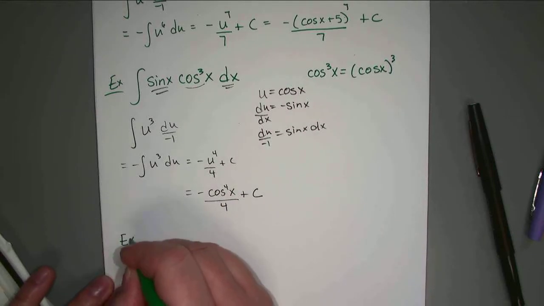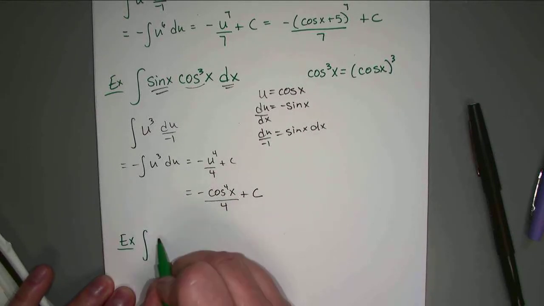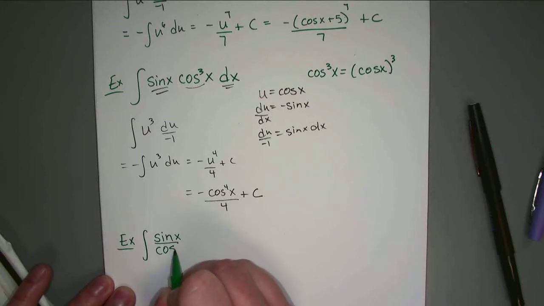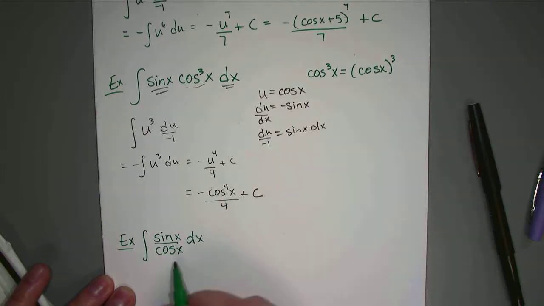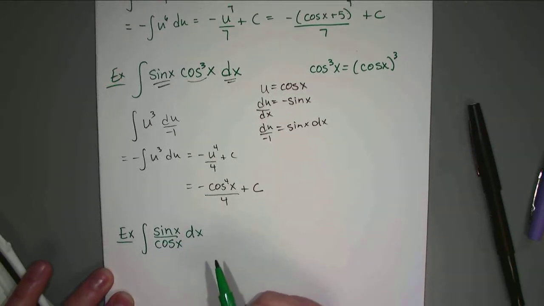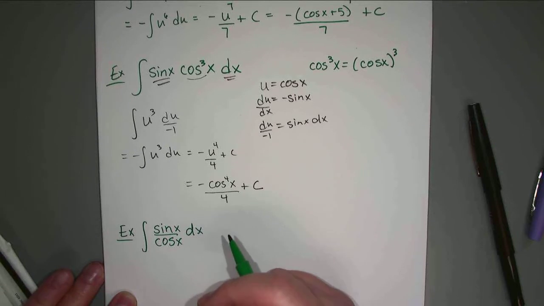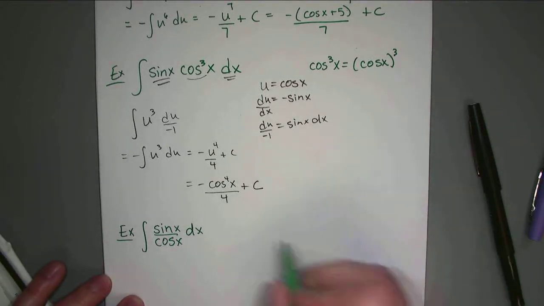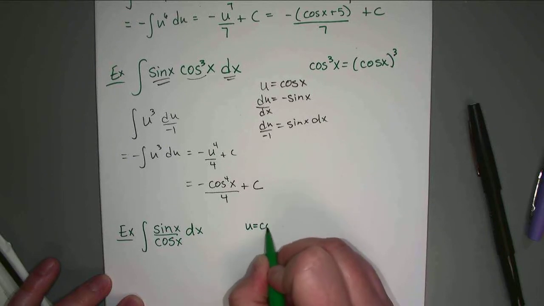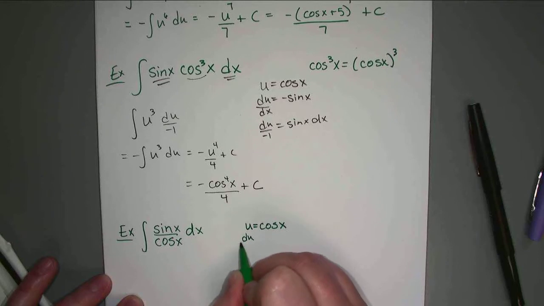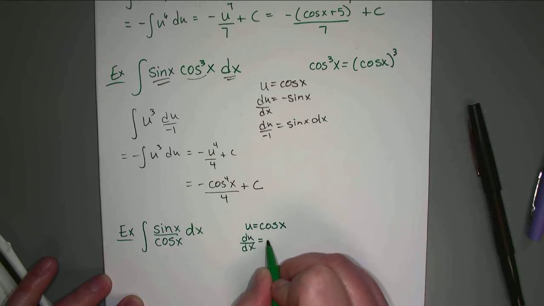For example, what if we had sine over cos? Now this is a trig identity, that's tan, but ignoring that for a minute, you could treat this like a fraction. So in our second type, we did fractions that don't have a bracket to a power, and we called u the bottom, so the denominator. So if we call u cos, the derivative of cos is minus sine.